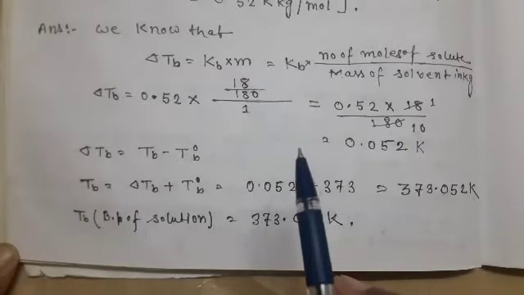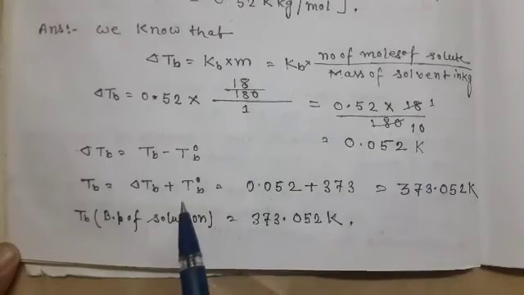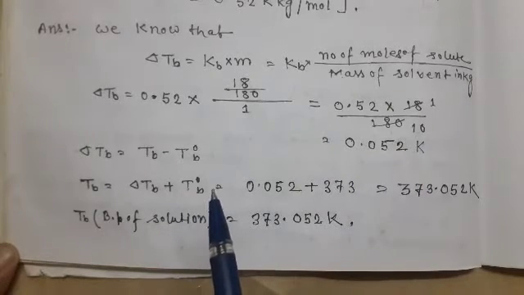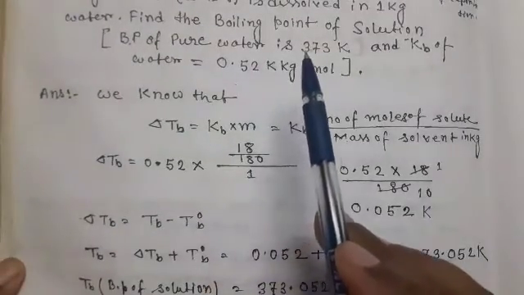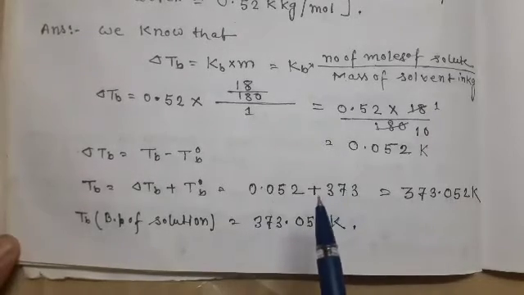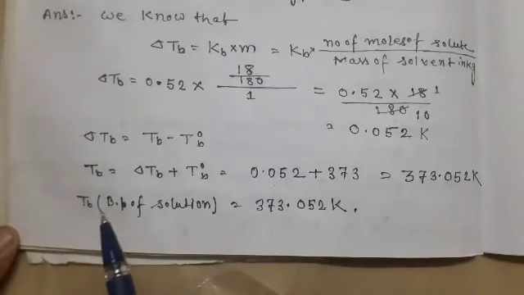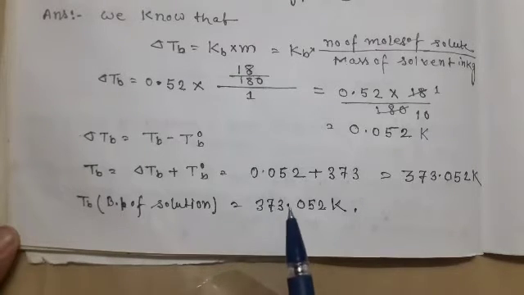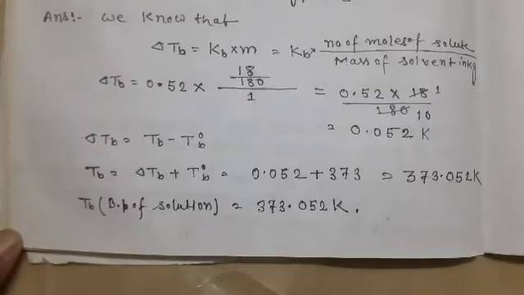Delta Tb calculated by this formula is 0.052 Kelvin, and T0b, the pure solvent boiling point given in the question, is 370 Kelvin. I put this value, 370 Kelvin. After calculation we get the boiling point of the solution, that is 370.052 Kelvin. That is the answer of this question.